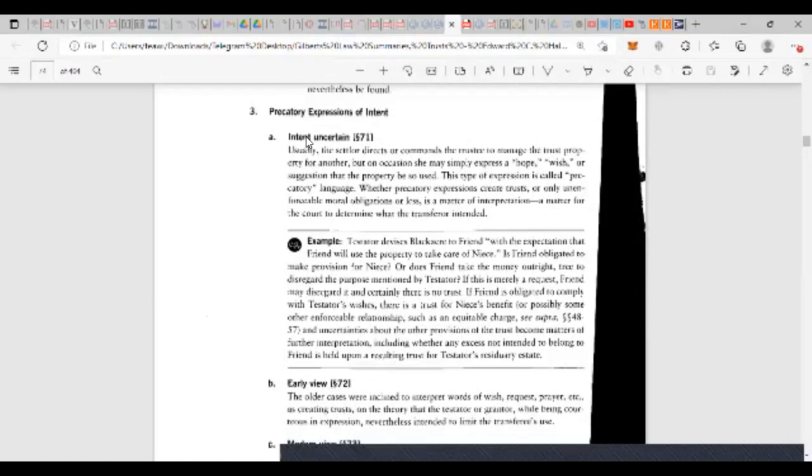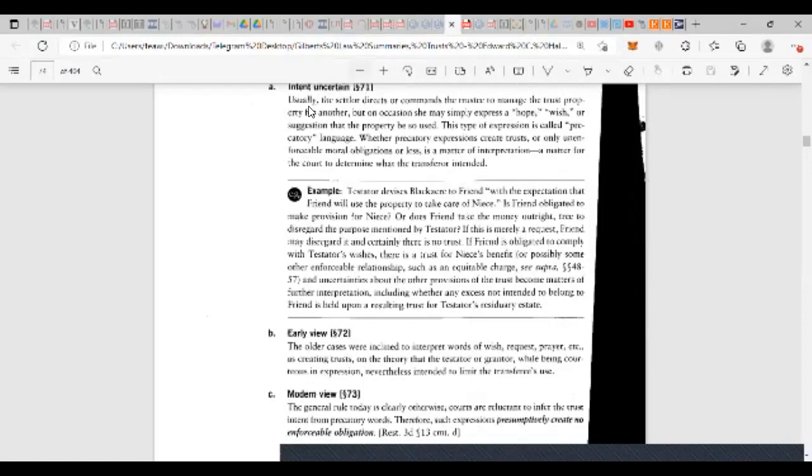Precatory expressions of intent. A. Intent uncertain. Section 71. Usually the settlor directs or commands the trustee to manage the trust property for another, but on occasion she may simply express a hope, wish, or suggestion that the property be so used.